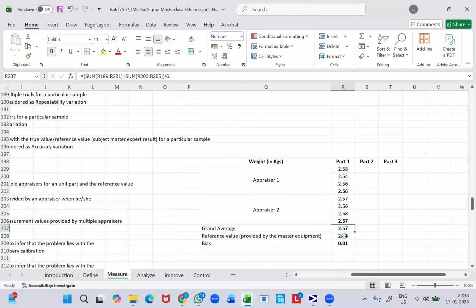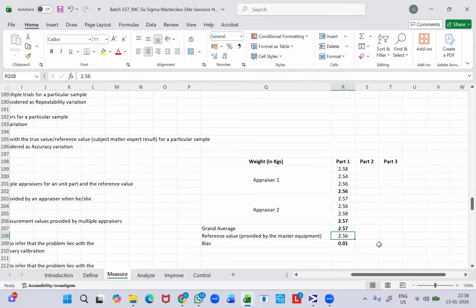We will also have a reference value here. This reference value can be obtained when we have the sample unit measured by a master equipment. This master equipment will be available only in a central laboratory.